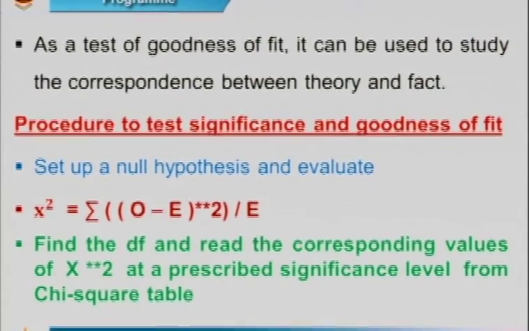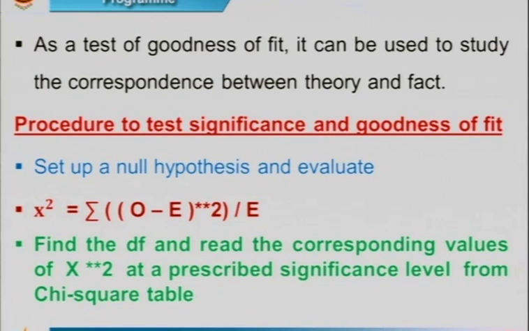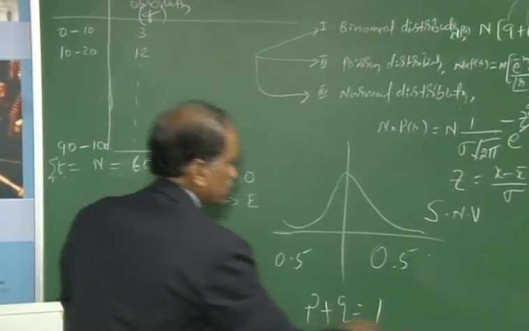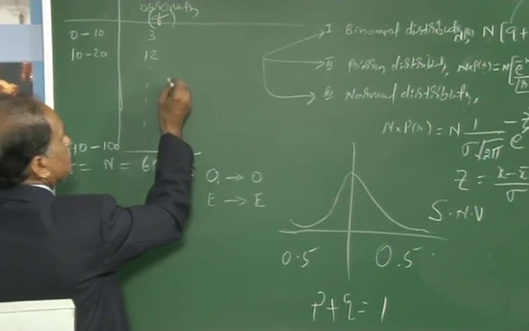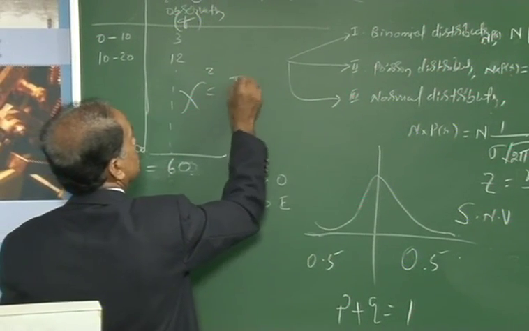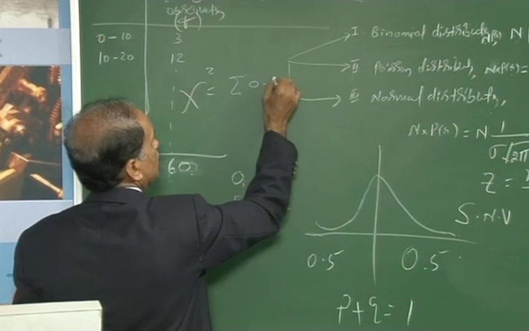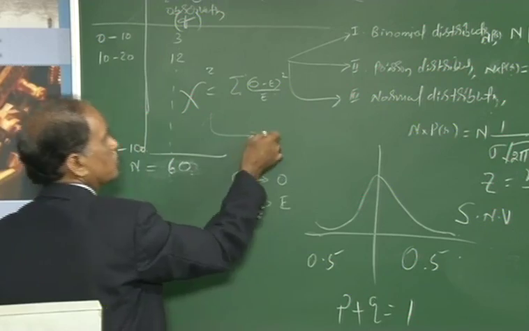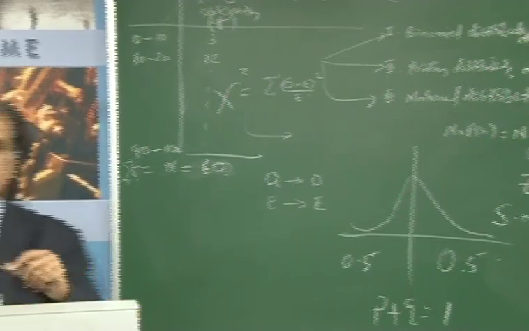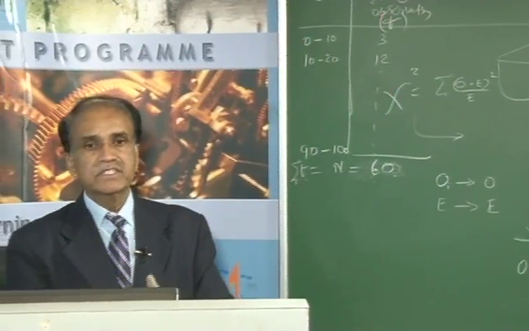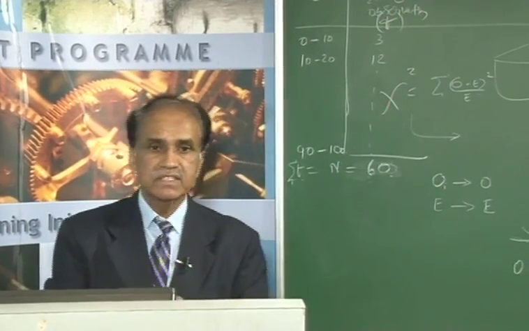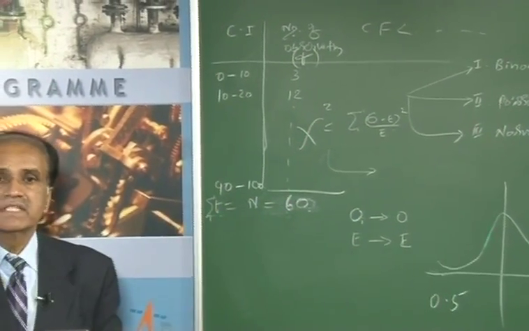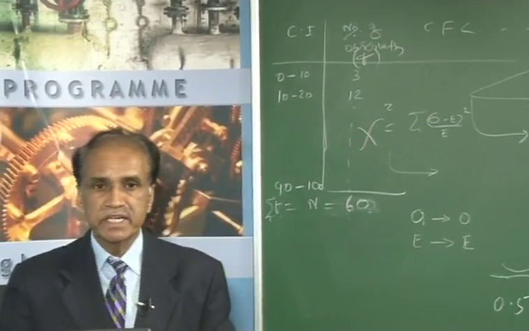Theoretical meaning means the given values, and the actual fact means what you are going to conclude with the chi-square distribution equation, that is sigma O minus E whole square divided by E. What you are going to conclude with this value in terms of numerical value at 1% level of significance and 5% level of significance, and the fitting of that data by which equation is going to match, then we will say whether the goodness of fit is accepted or not.